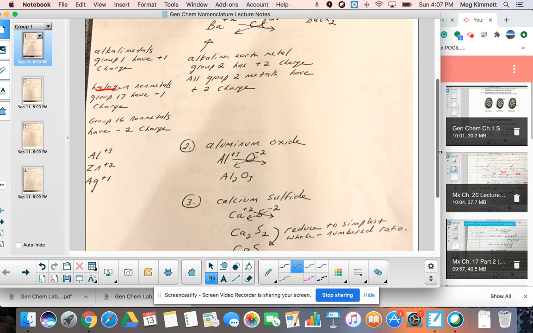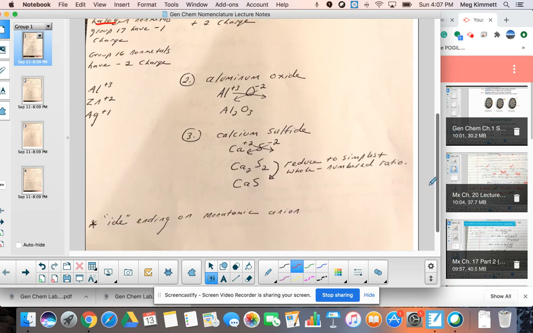And then another type of example here is when the charges are equal and opposite. So calcium coming from group 2 is a +2. Sulfur coming from group 16 is a -2. If I do the crisscross here, it becomes a 2-to-2 ratio for the subscripts, but we don't want that.